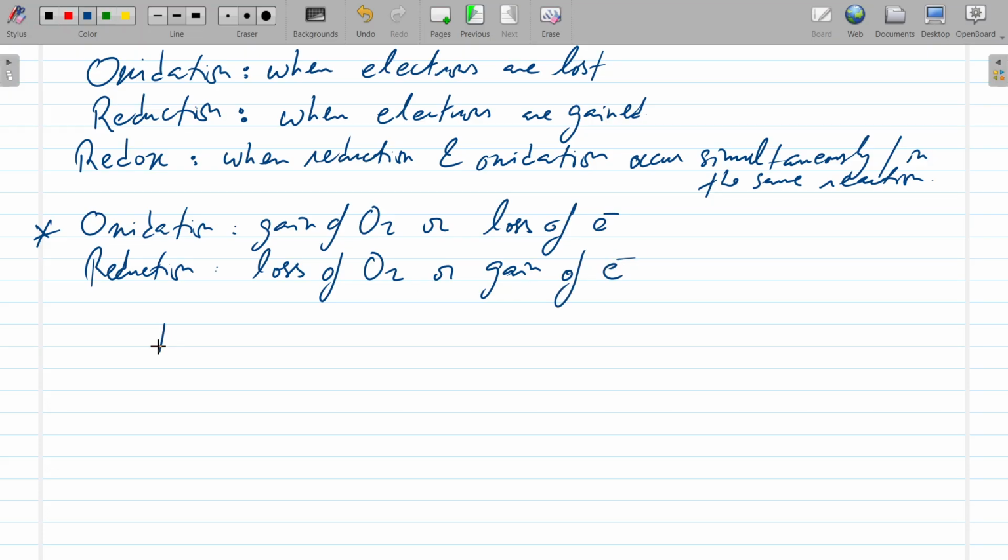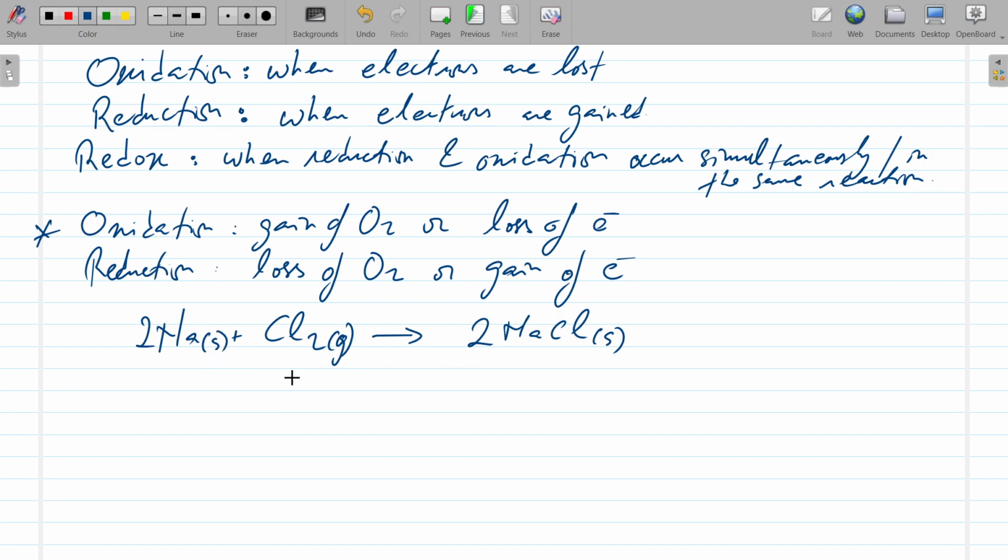So in terms of sodium chloride, they're gaining and losing electrons. Well, yes, but we just did that.